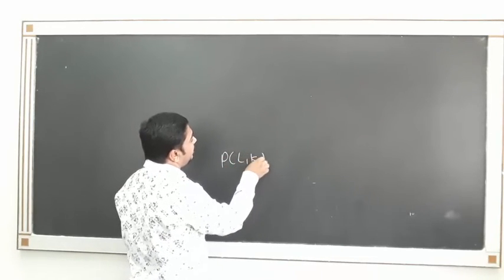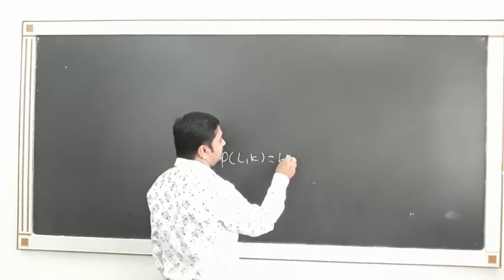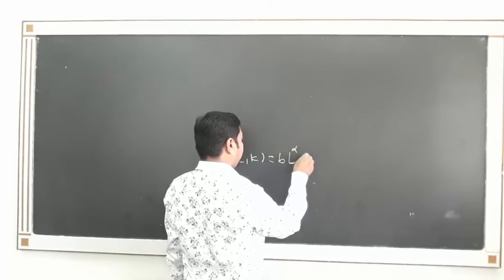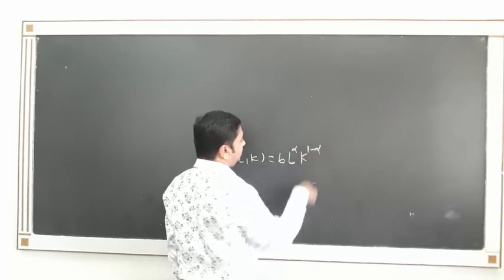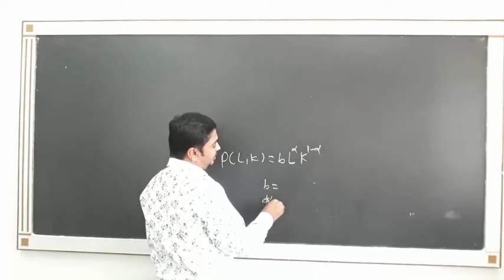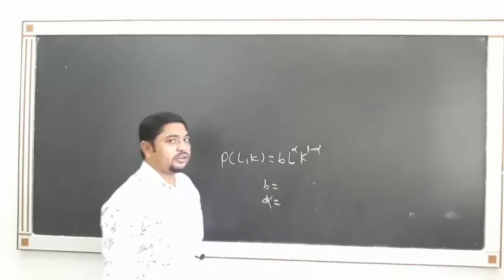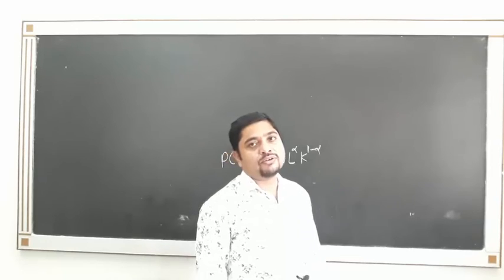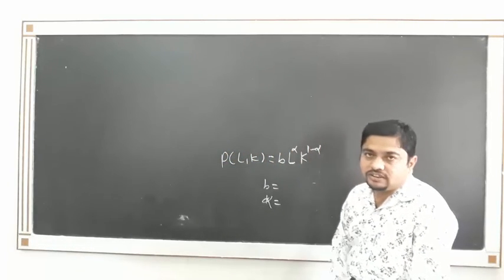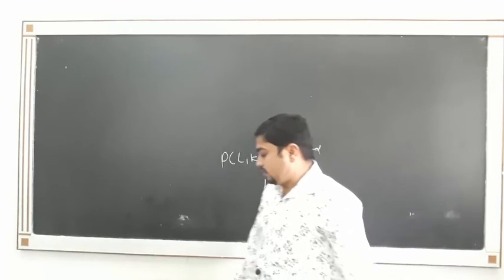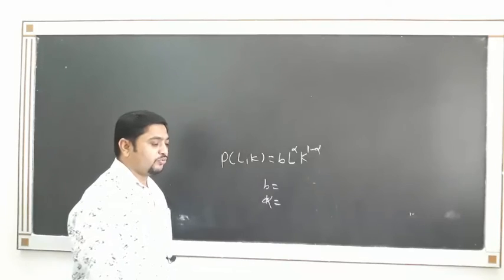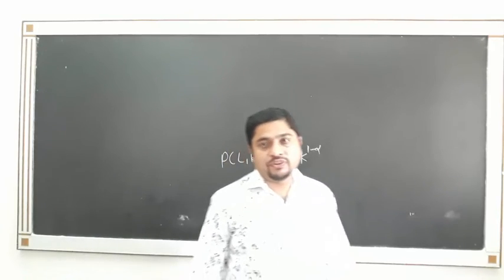P(L,K) is equal to B L^alpha K^(1 minus alpha). Take specific values for B and alpha and draw this graph by using Maxima. So we can determine the graph of the Cobb-Douglas function also.